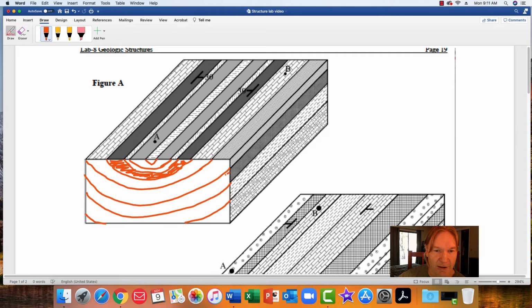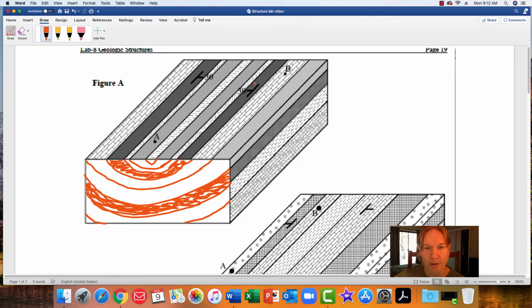Maybe this dark colored one over here I can shade in, and that's going to let me know that this is a nice little fold here. We don't want to spend a whole lot of time worrying about drawing this in. Again, this is kind of an ugly looking picture, but I think we get the idea.